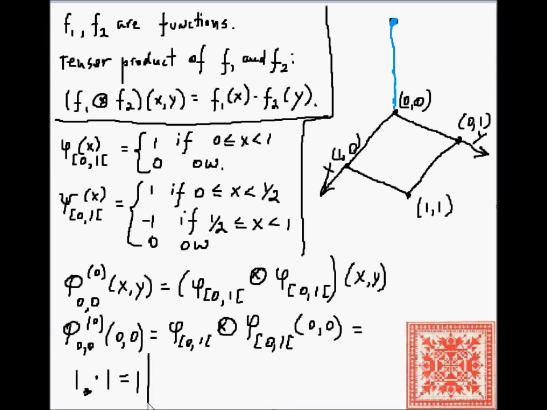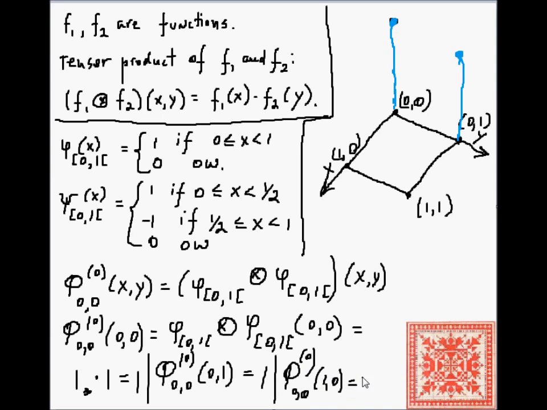If we work out big phi at 0, 1, we're going to get also 1. And big phi sub 0, 0 at 1, 0 will also be 1.